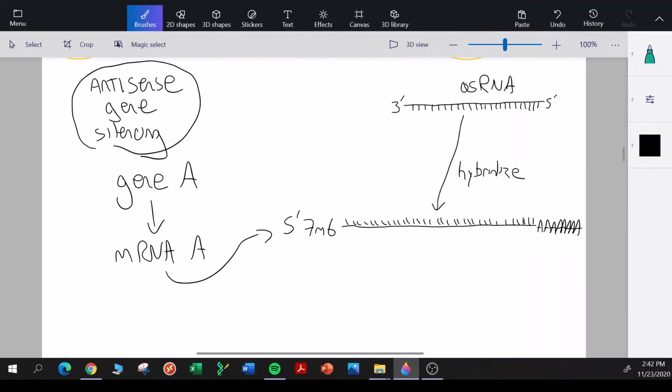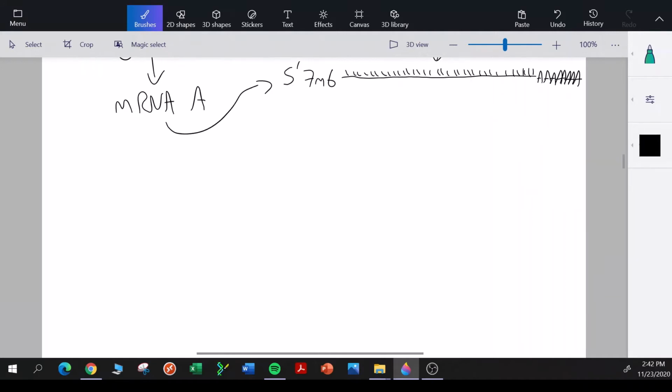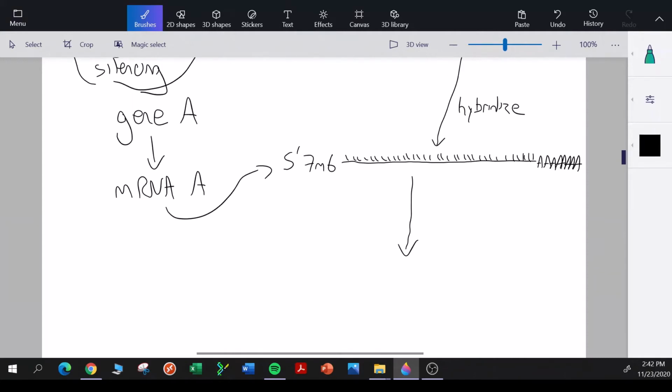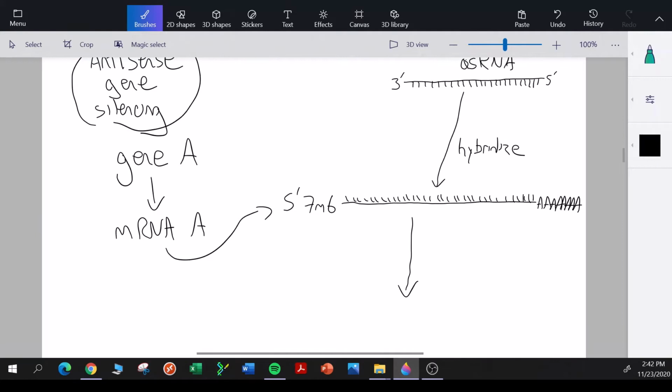And if that could happen, would that silence the gene? So knock down expression levels of the gene by preventing it from being translated, right?